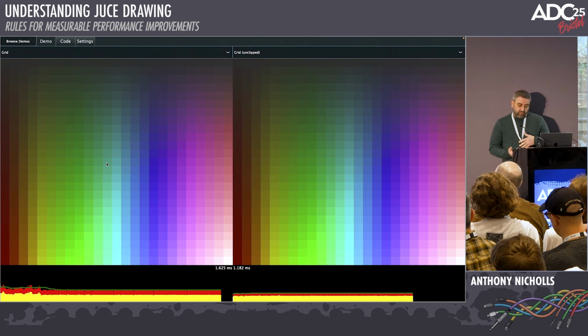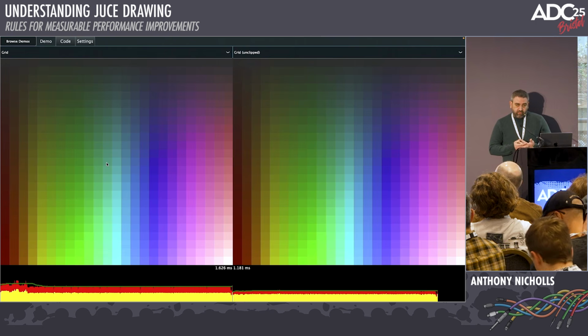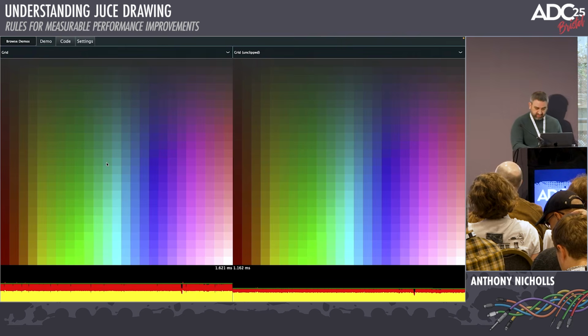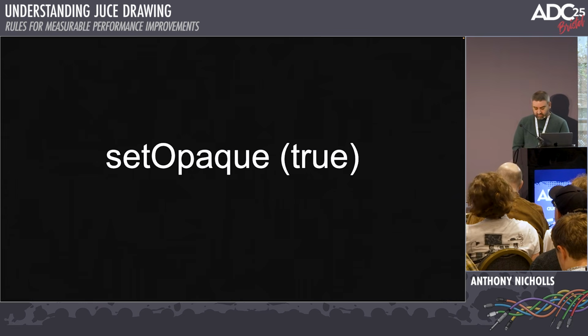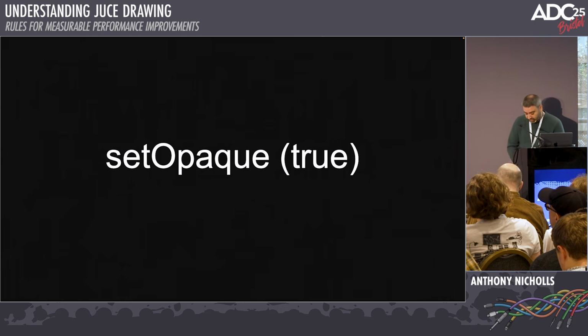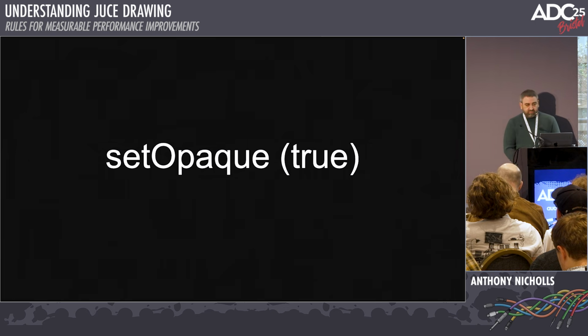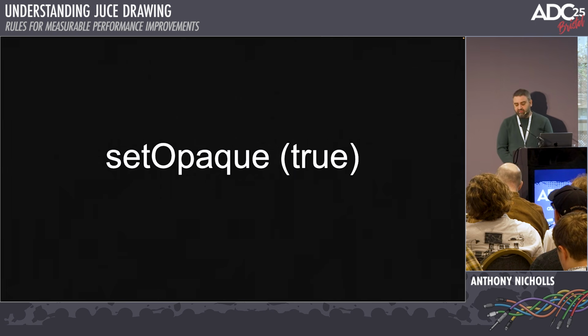Previously, if you called setPaintingIsUnclipped, you would normally not be able to get another optimization that we're going to talk about next, which is setOpaque. Now, in the past, I think it's been generally put forward that you should just call setOpaque on anything that is opaque.